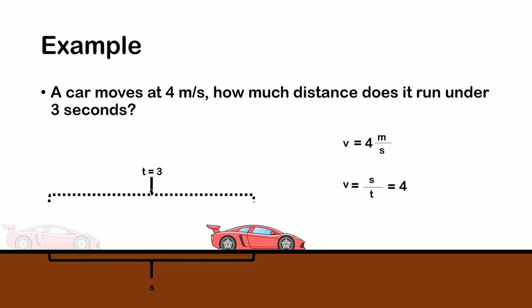So 4 is equal to, in this example, s divided by 3. And we can simply get s by multiplying the left side by 3. So our s will be 12. So it runs 12 meters in 3 seconds with the velocity of 4 meters per second.